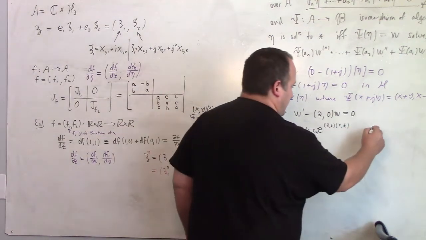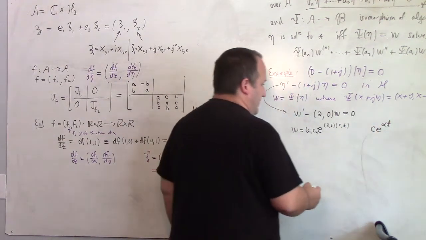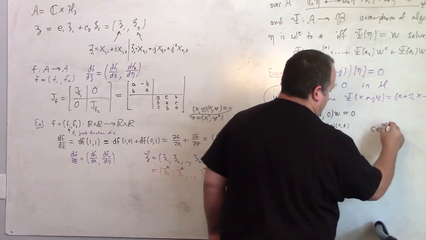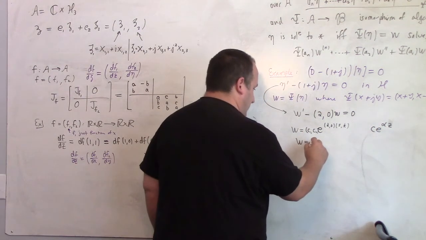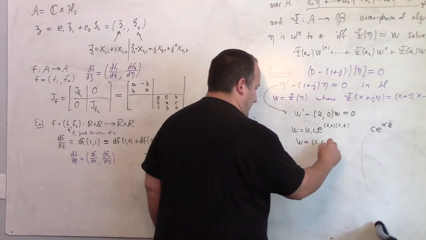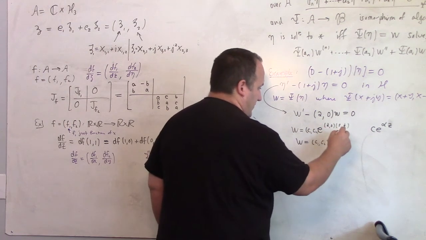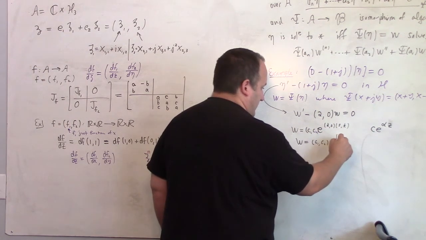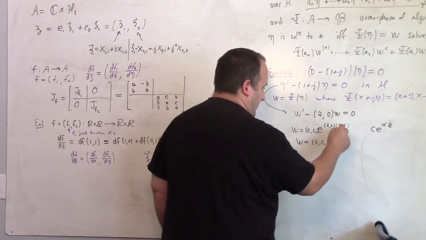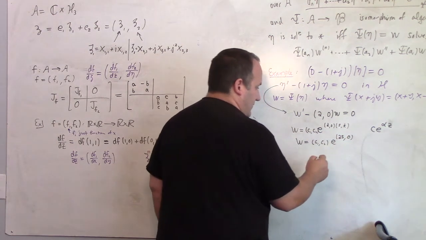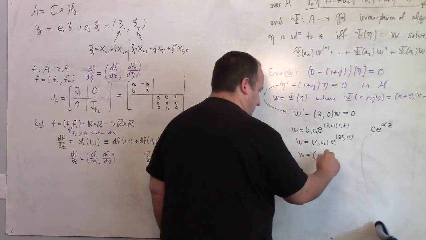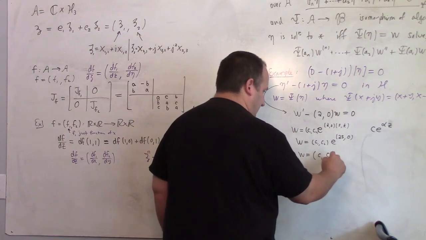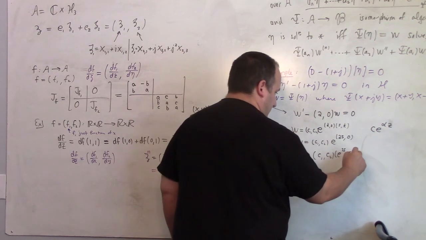This is what C e to the alpha z looks like here. But explicitly, W is equal to C1, C2 times, how does the exponential work here? It is 2s comma 0, so W equal to C1, C2 times e to the 2s, 1, I think.